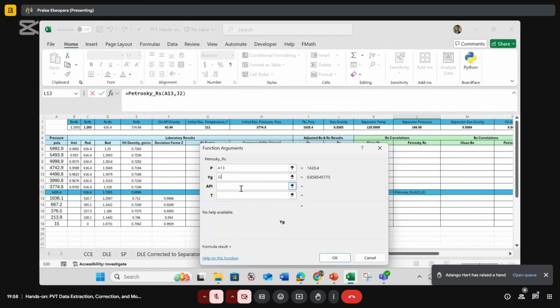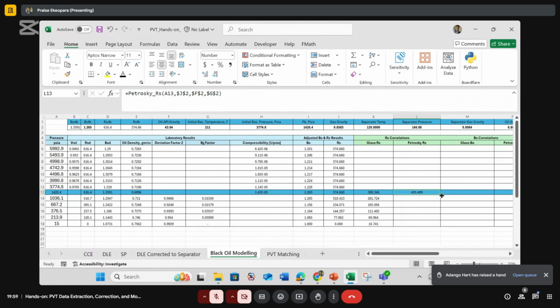I will lock it. Then my API will be this, and I will still lock it. Then my temperature will be this, and I'll lock it. And I have it this way.